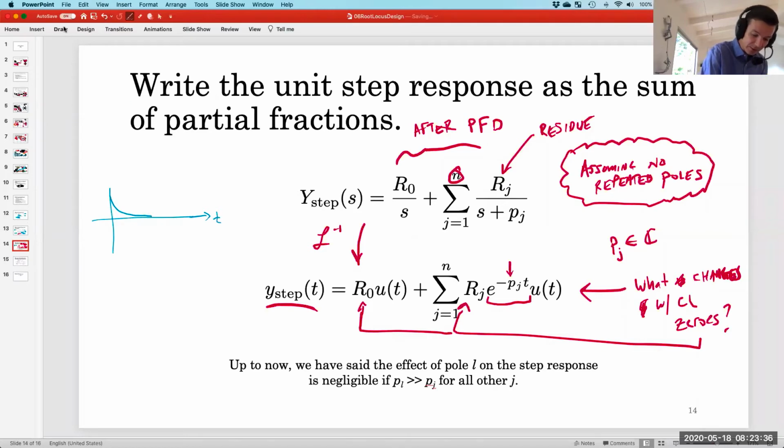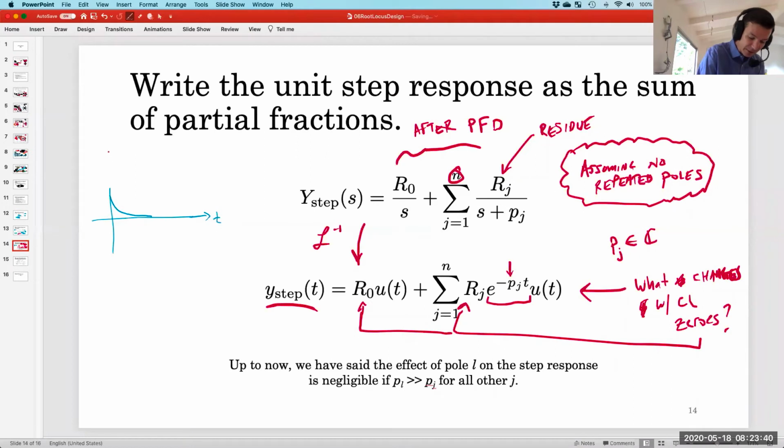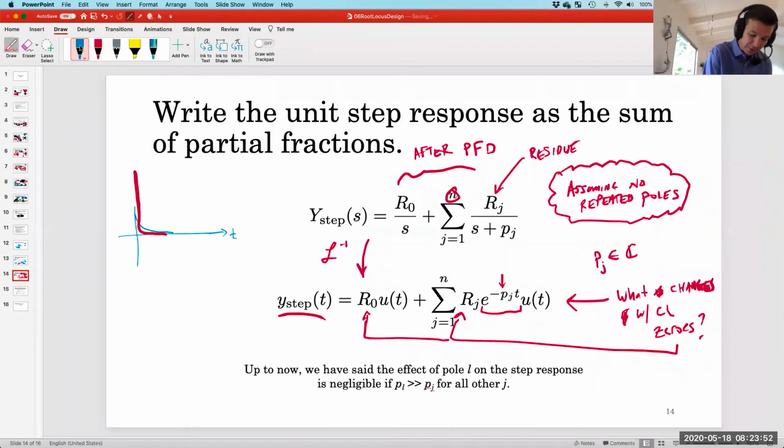And the other has maybe even a really large initial value, but it has a super quick time constant. We have said that blue will dominate red.